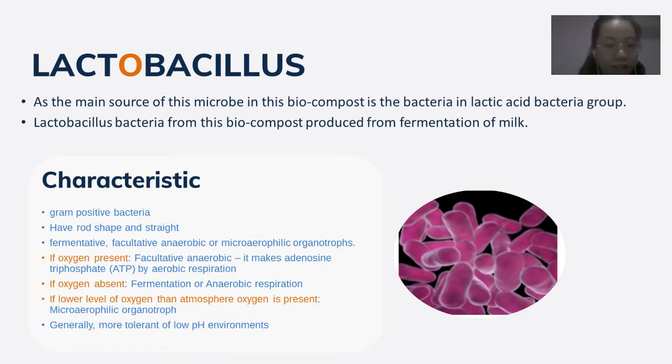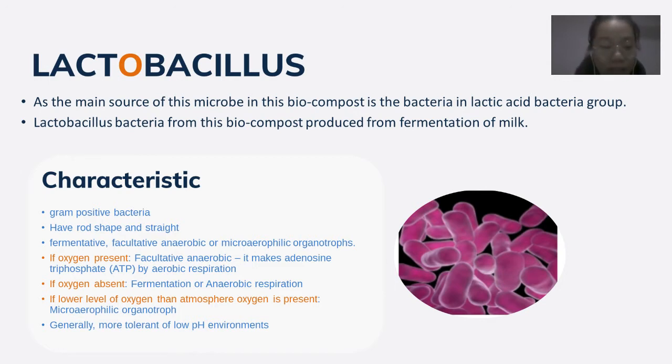The characteristic of lactobacillus is that this bacteria is gram-positive, and it has a straight rod shape. This bacteria is also fermentative, facultative anaerobic, or microaerophilic organotrophs. If oxygen is present in the environment, the bacterium will undergo facultative anaerobic, where it makes adenosine triphosphate (ATP) by aerobic respiration.